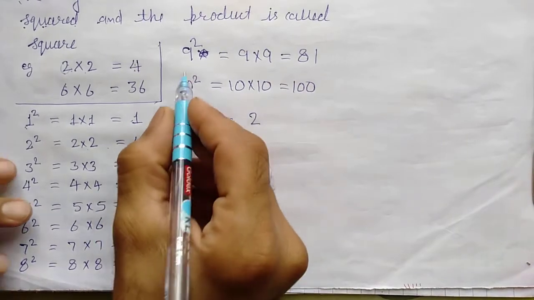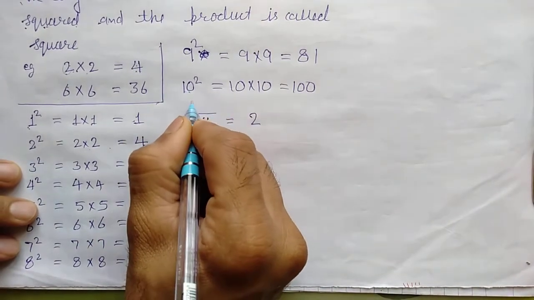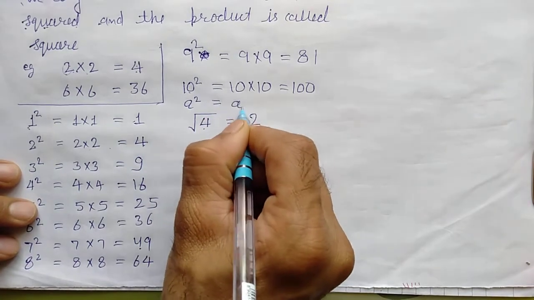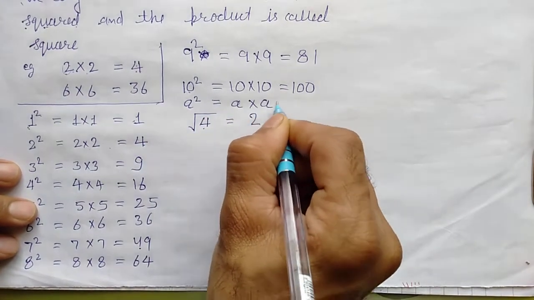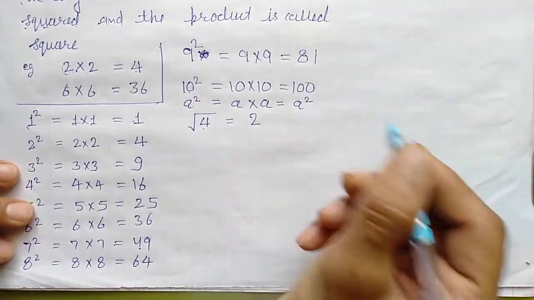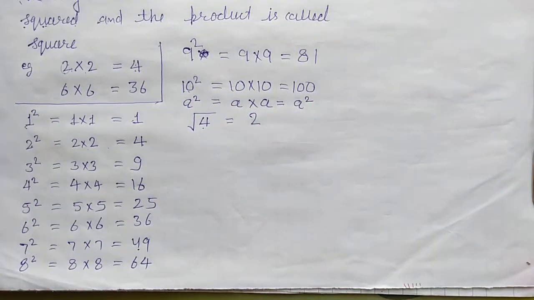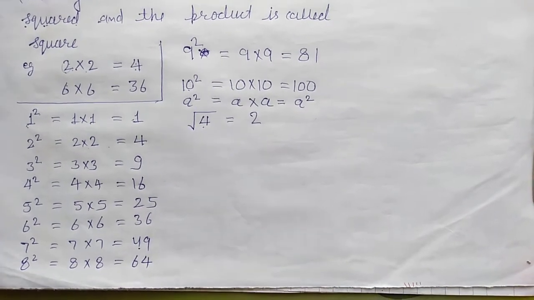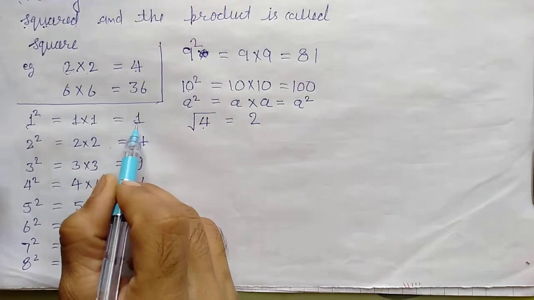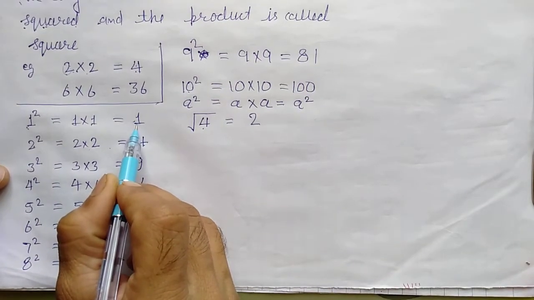Finally we can say, if we take a variable here, a squared will be equal to a multiplied by a, which is a squared, right? So these are the square numbers. When a number is multiplied by itself, we get a square number, right?